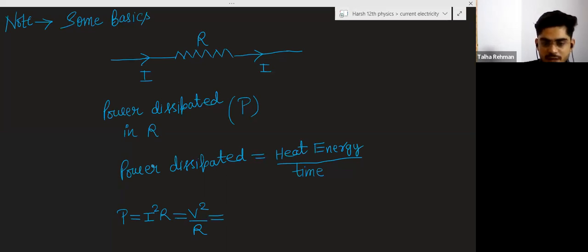Or you can use the potential difference and the current, VI.